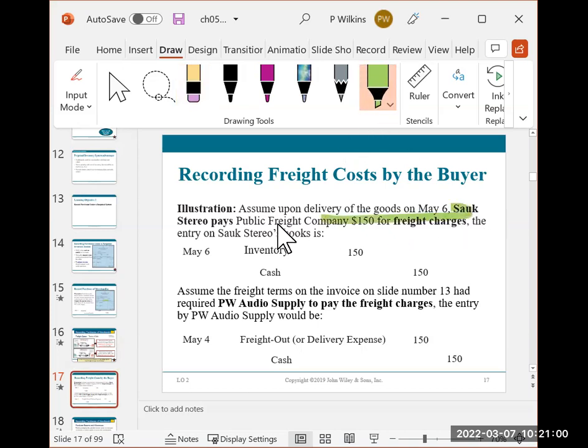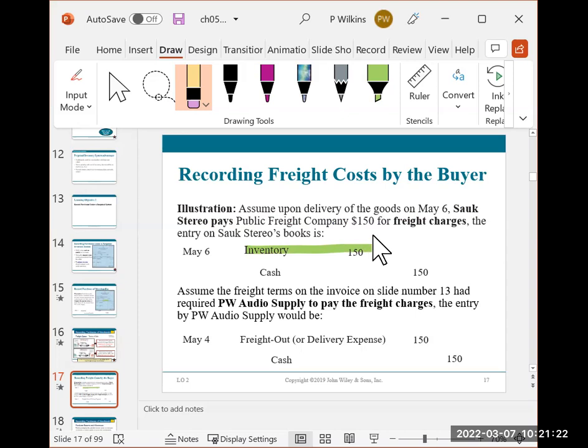And when you're the buyer, everything goes to inventory. So the freight charges, you're going to debit on May 6th, you're going to debit inventory $150. And why does it go to inventory? Because the cost of getting that inventory there was $150.